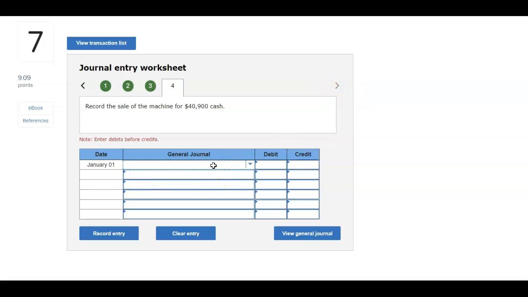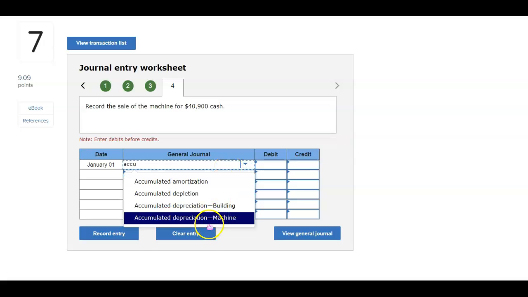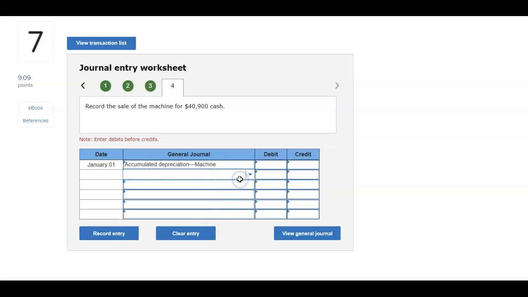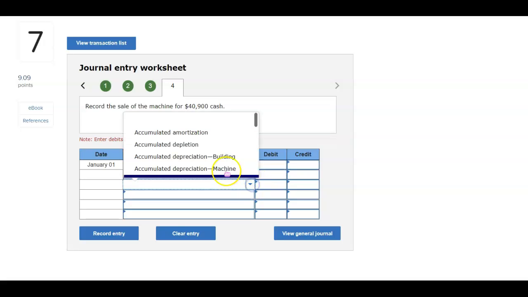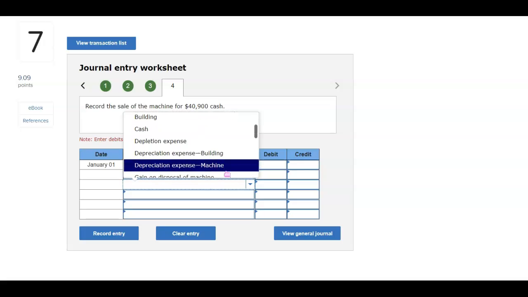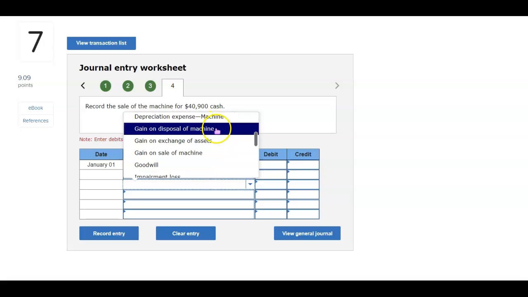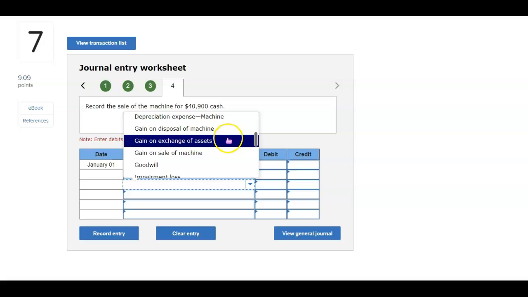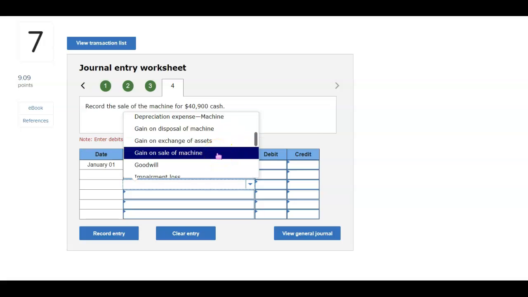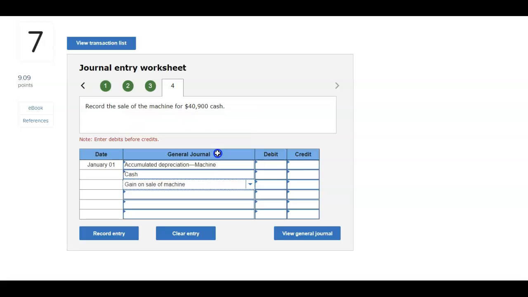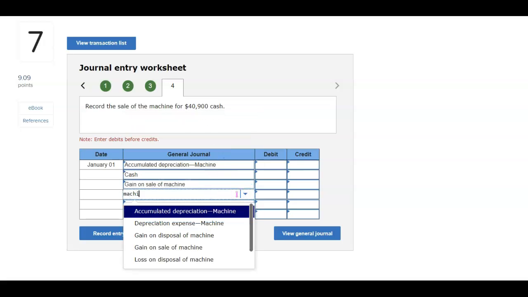So now we're selling for cash. Okay, so we're going to do basic depreciation. We're going to do cash. We're going to do gained on sale of machine because we have that extra money in there now. And then we have the machine itself.